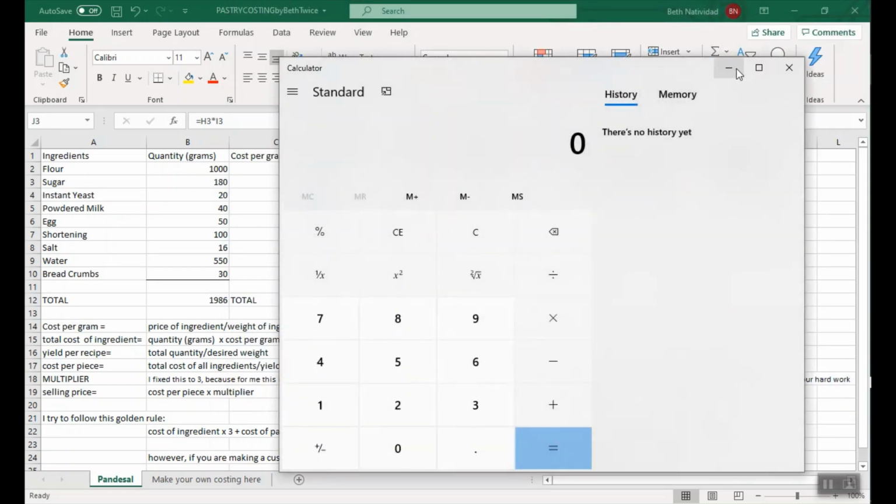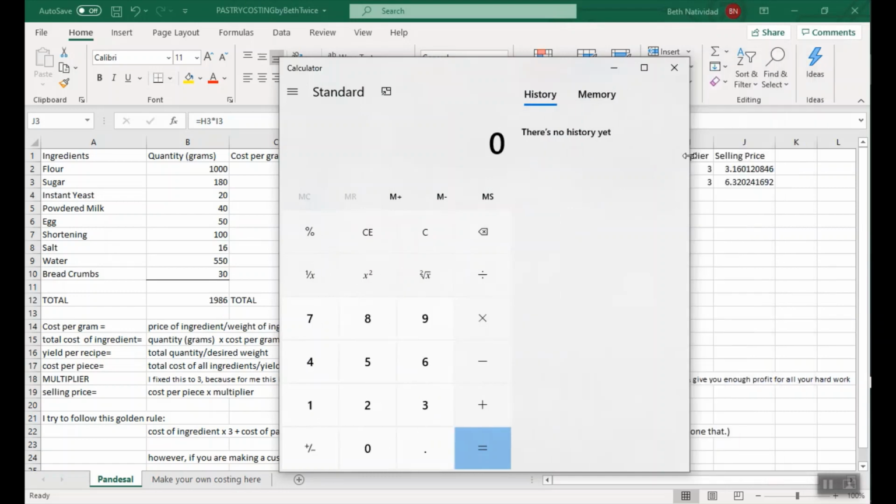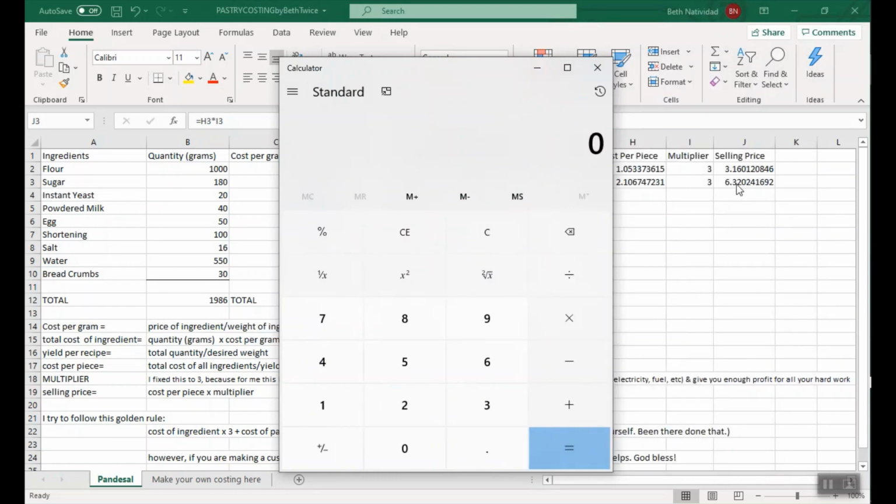So, since, how much nga all yun? 6.3. 6.3, ganyan na lang. 2, up to the second decimal. So, since 10 pieces siya per box ko, ganyan. So, 63.2.